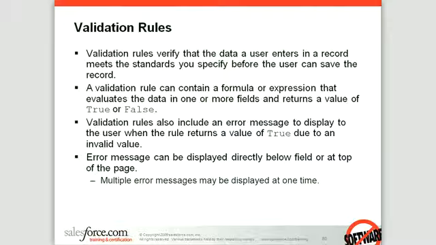Okay? So a validation rule is going to contain a formula, and if the formula returns true, then that's our error condition. What we do is two things: we prevent the write to the database, and we display an error message to the end user.